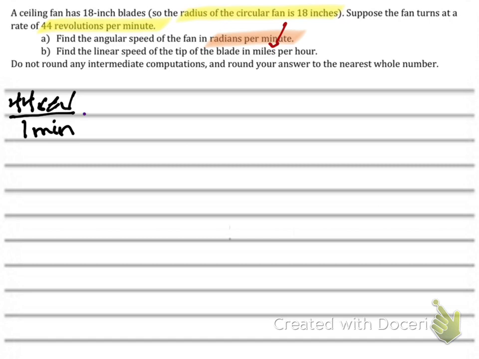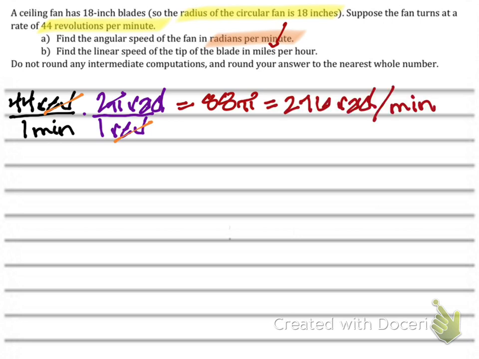And in 1 revolution, there are 2 pi radians. And so my revolutions cancel. I've got radians, so we're good. That's 88 pi, which is 276 radians per minute. Notice it says to round to the nearest whole number at the end there.